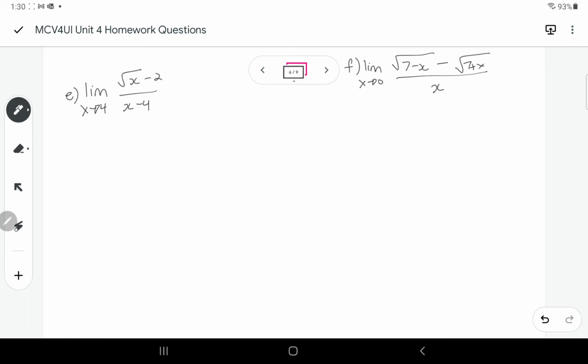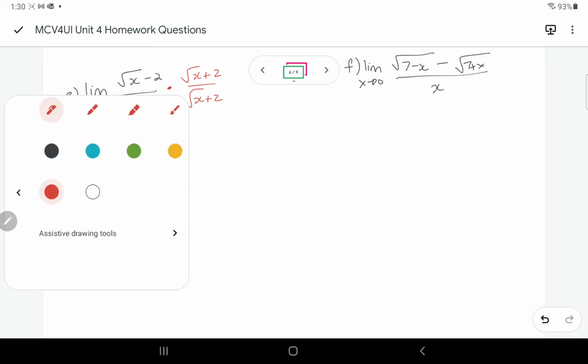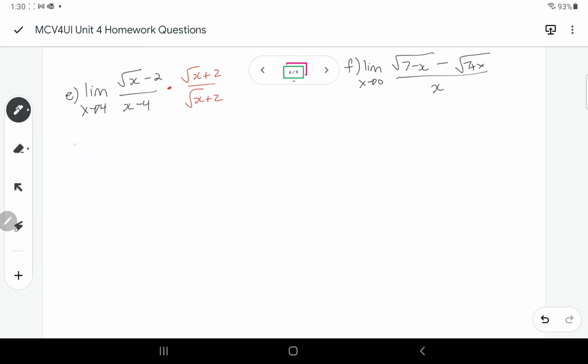Okay, so then E, same idea, multiplying by the conjugate here. It's going to be root x plus 2 over root x plus 2. So the limit as x approaches 4. When I multiply this out, I'll get root x times root x is x, plus 2 root x minus 2 root x disappears. I'm not going to write them.